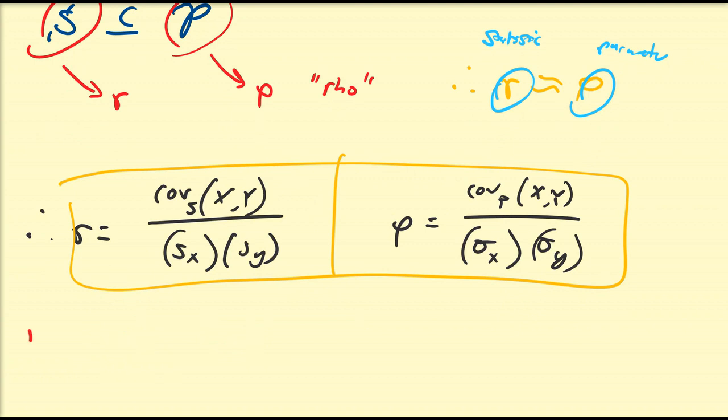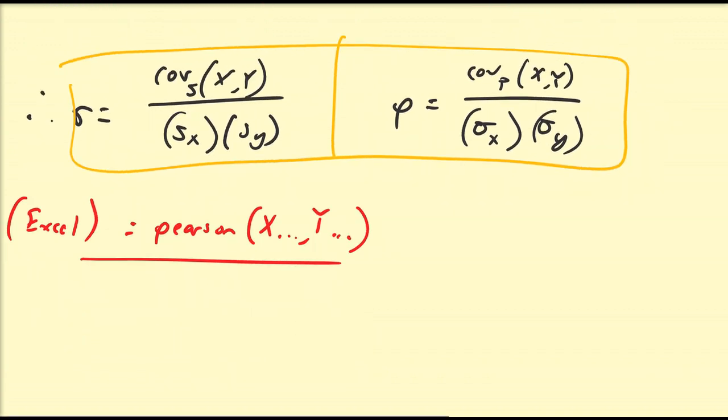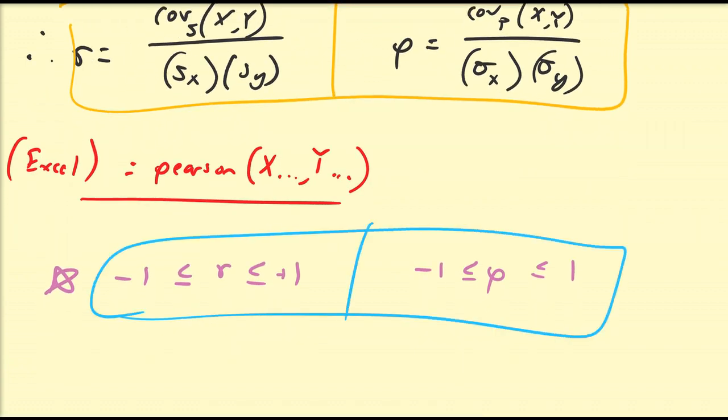And if you're using Excel, for example, you can calculate that by Pearson, select the X values, select the Y values. And that can be used to calculate this value for both. And a very important property for this is that R is always between -1 and +1. And this is for all samples and populations. So this is a very useful property to have.